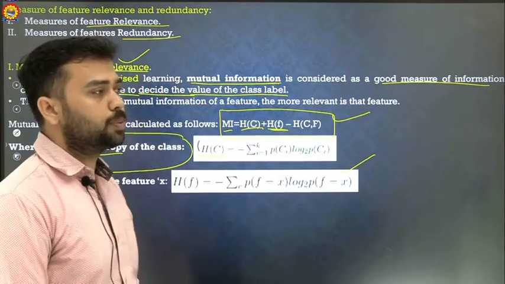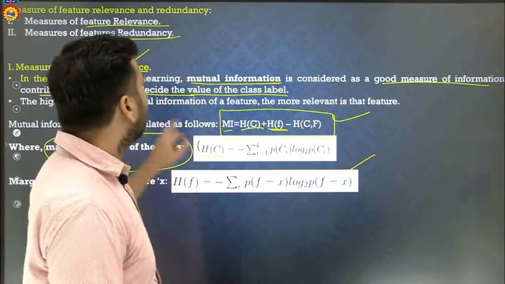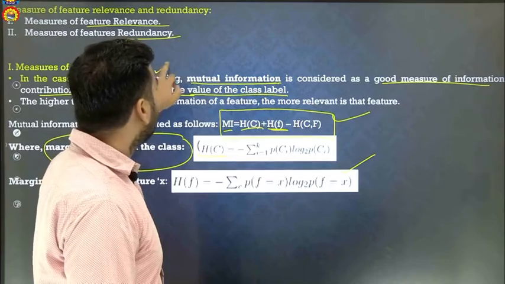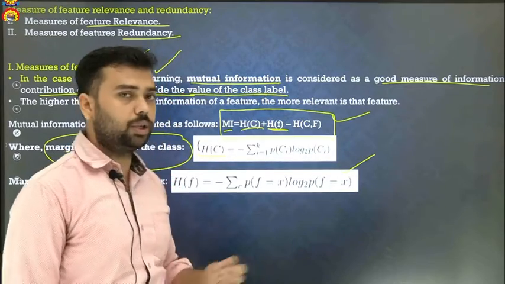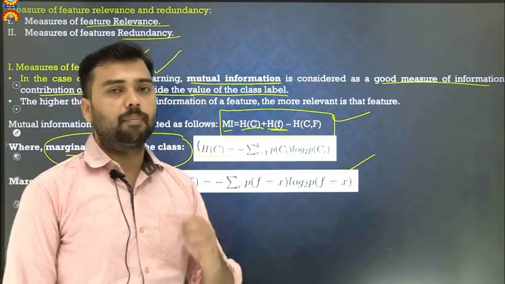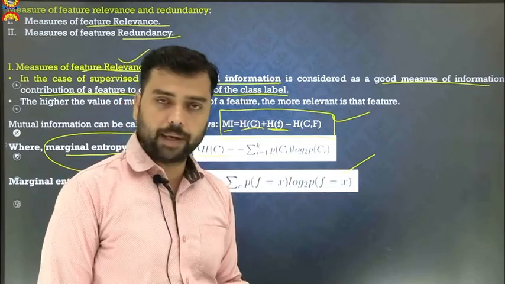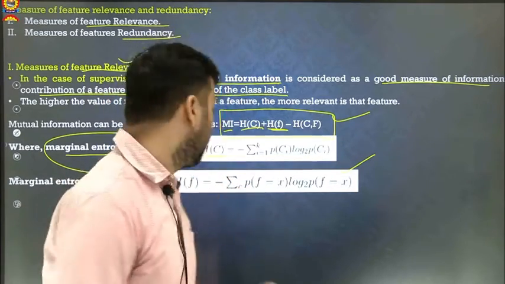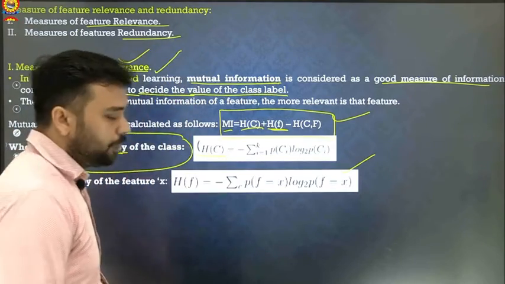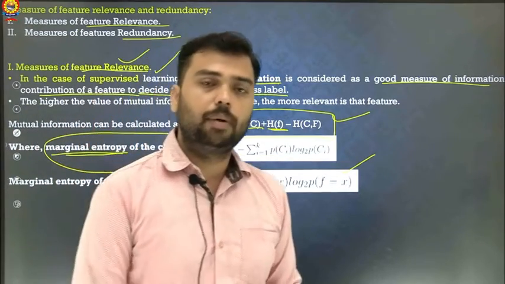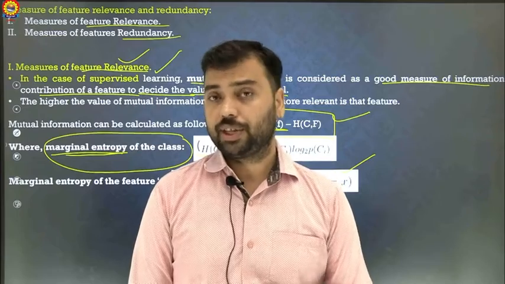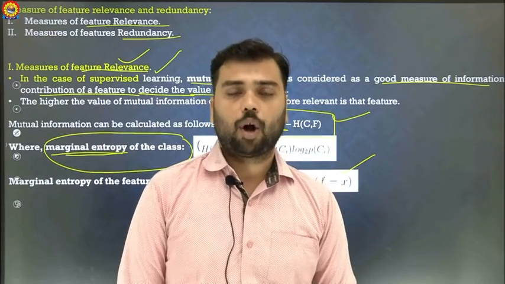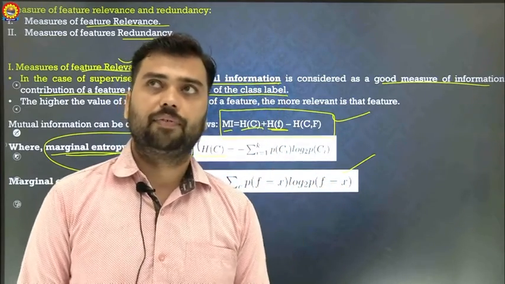In the case of supervised learning, to measure the relevancy of a feature to the target value, we use the mutual information, MI. We calculate it as the marginal entropy of the class value plus the marginal entropy of the features value minus the combined entropy of class and features value.